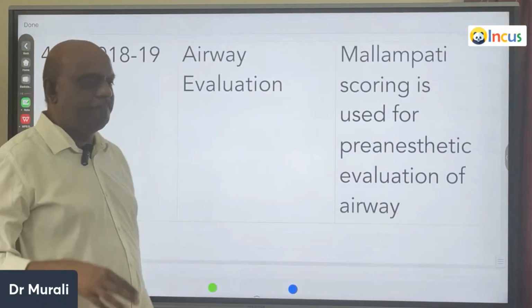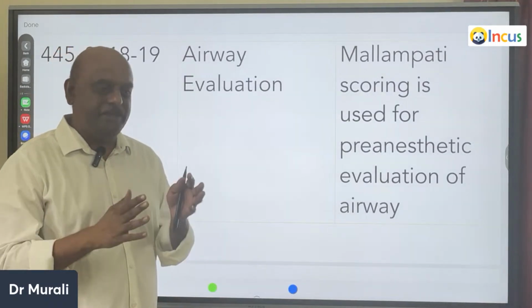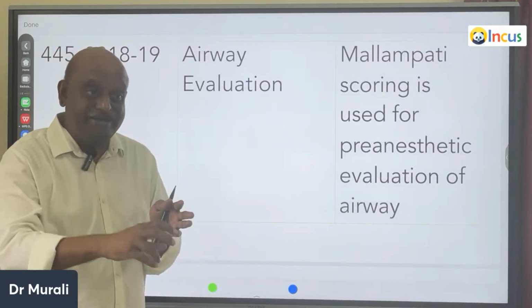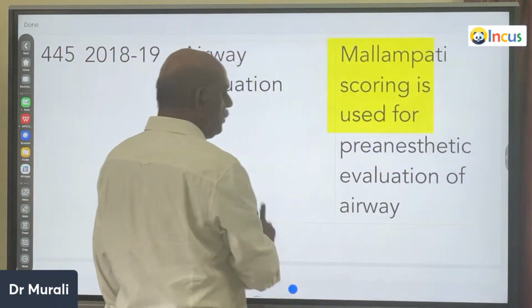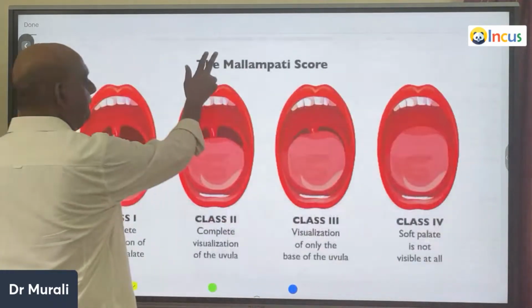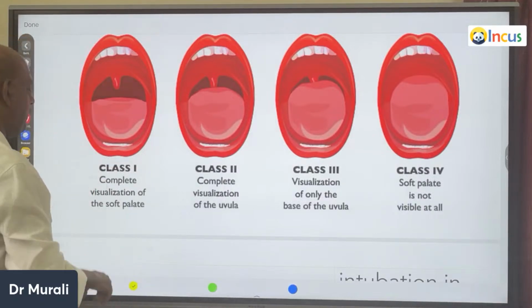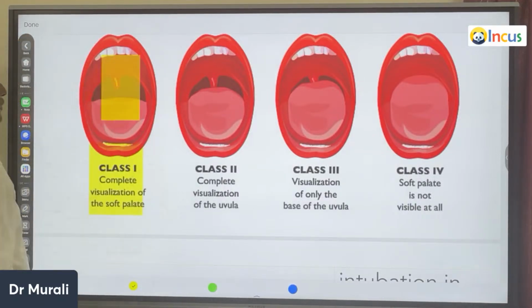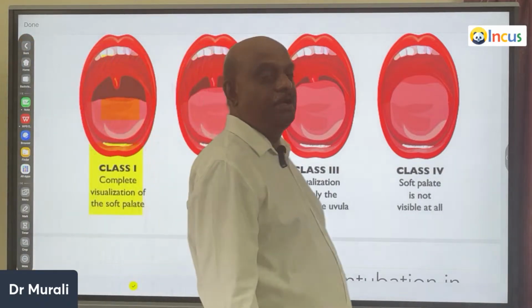And pre-anesthetic checkup, how do you know whether the patient has an adequate airway? Is it easy to intubate or not? It is the Mallampati scoring. How do you do that? Class 1 means complete visualization of the soft palate.